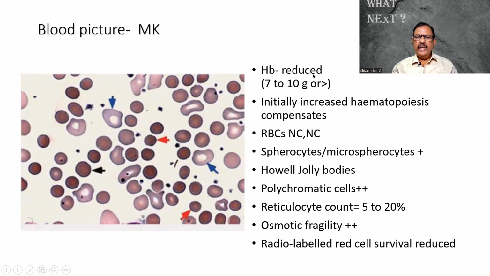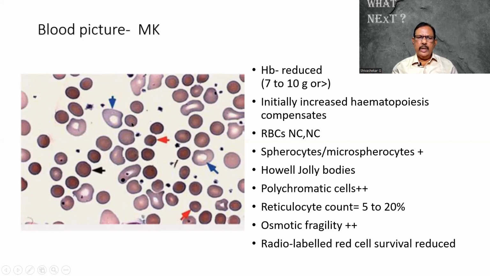The hemoglobin anemia can be mild to moderate. And you find whenever there is going to be a destruction, there will be increased amount of hematopoiesis in the bone marrow. Peripheral blood shows spherocytes, microspherocytes. Howell-Jolly bodies. Look at this one. It is an inclusion that is seen. So it is present.